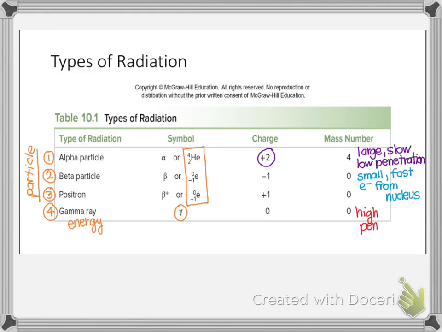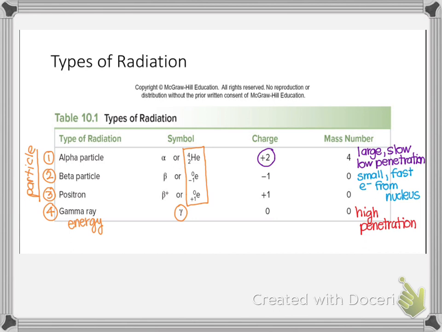So it takes like a thick piece of lead to stop the penetration of gamma rays. So people who work with radioactivity, they have to consider their PPE very carefully based on the type of radiation and how it penetrates. So gammas take lead.